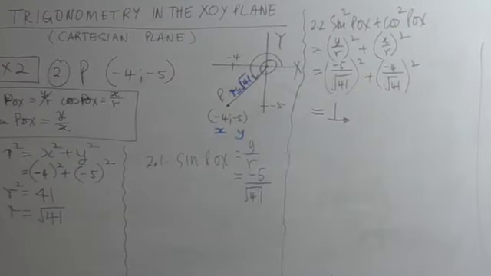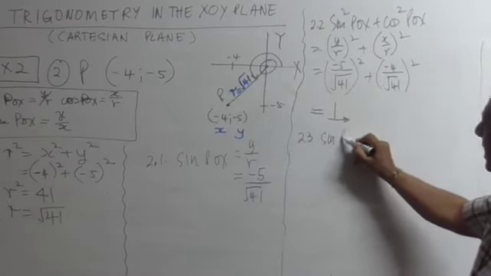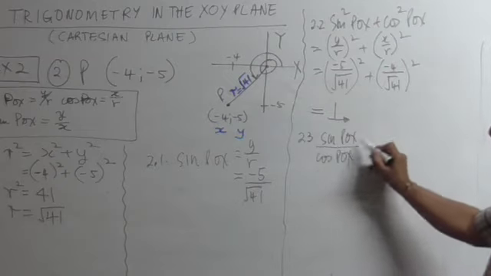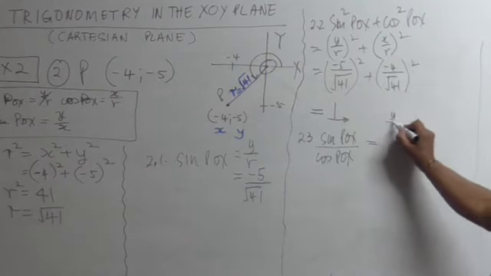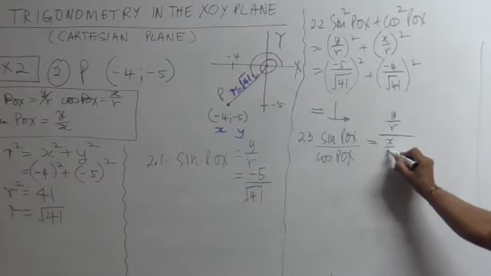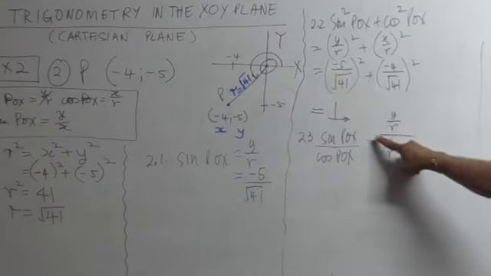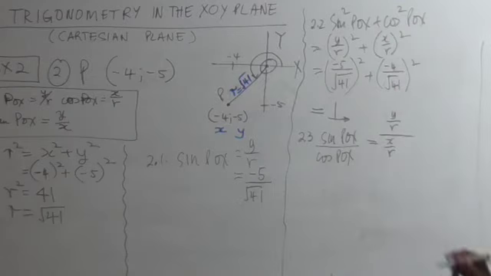Now 2.3 was sine over cos. Sine will be y over r, and cos will be x over r. Now watch how we write it: this one is small, this is long, and this is small, so that it's clear and you don't get confused.